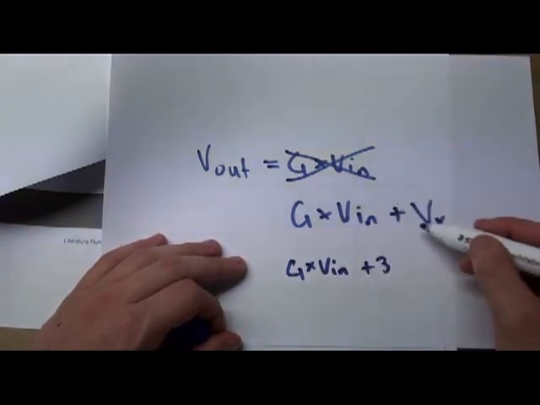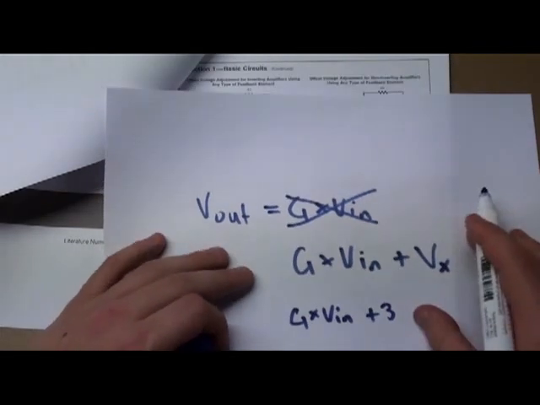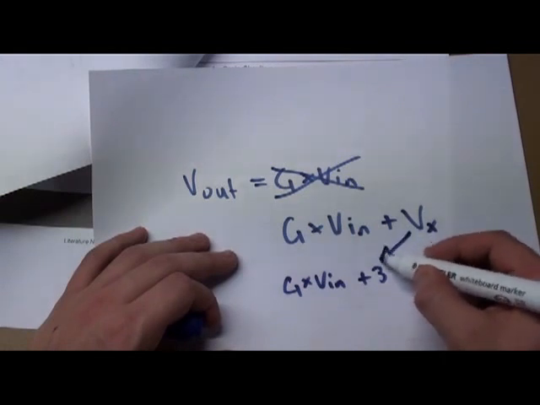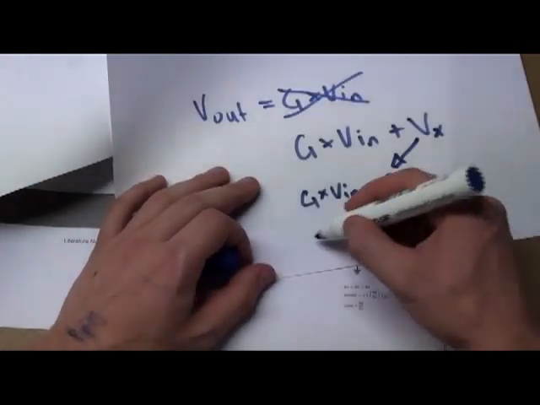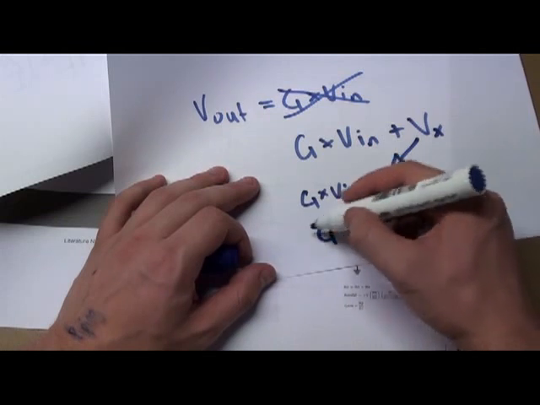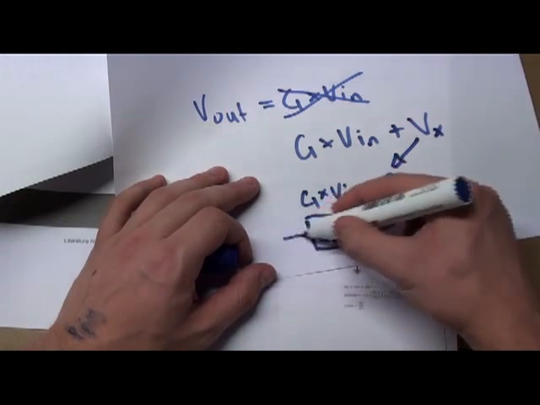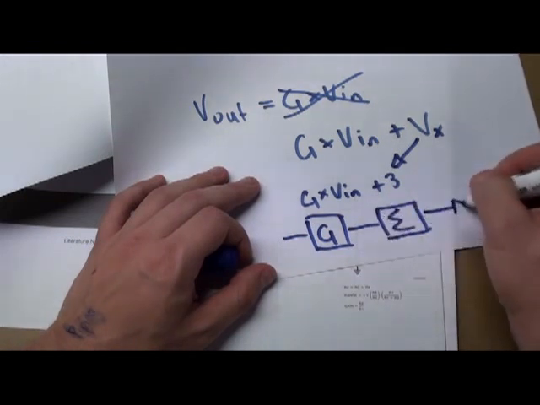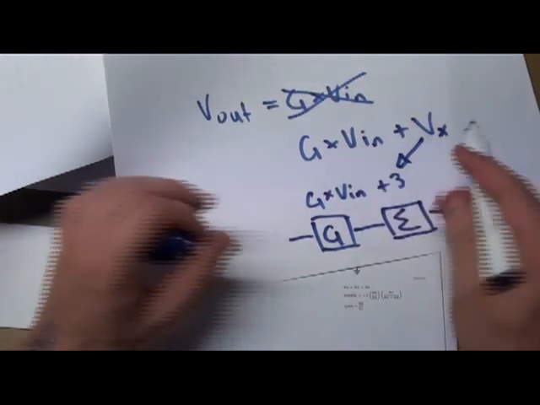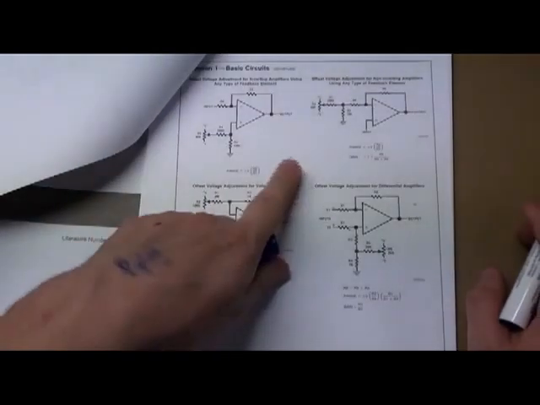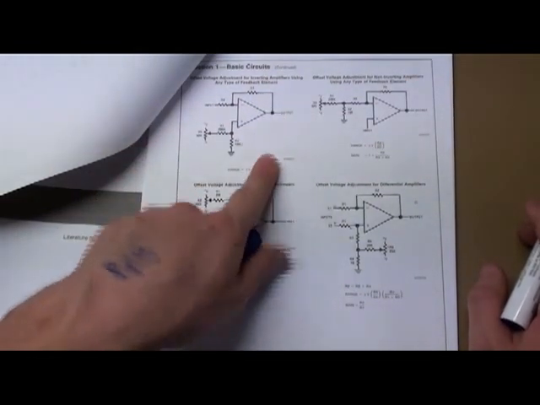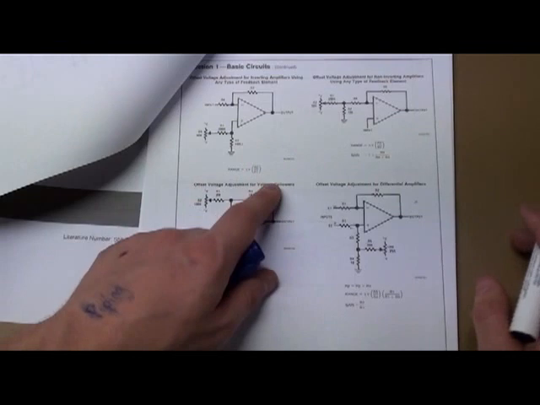So if you can build an amplifier, an offset trimming amplifier, they're also called summing amplifiers, then we can add this on, and then we have our G and our summing block. So make sure you have a look at this book here. It's very useful. I use documents like this all the time to build circuits, so it's good if you can find them, good if you can read them.